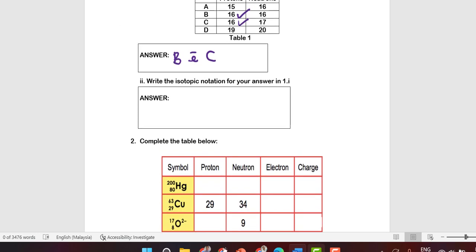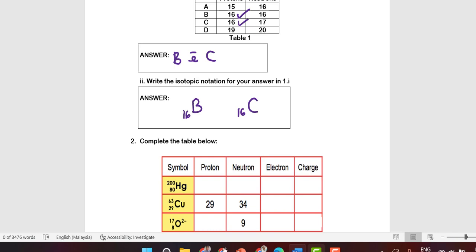So write the isotopic notation. So in the middle, you need to write down the element. Down there, you need to write down proton number. So at the top, you need to write down nucleon number. So nucleon number is combination of proton and neutron.